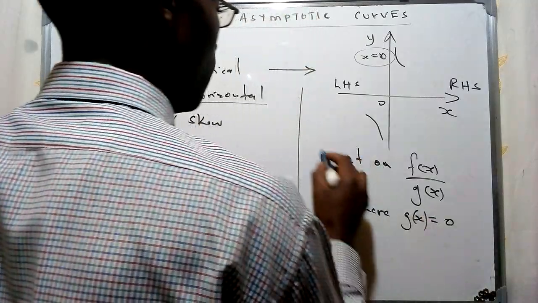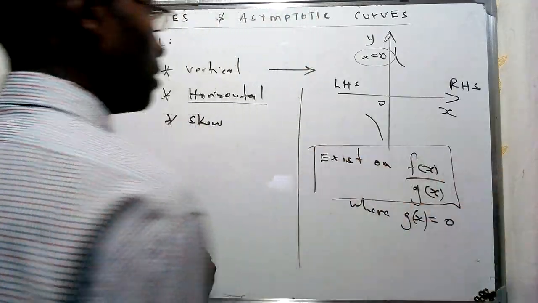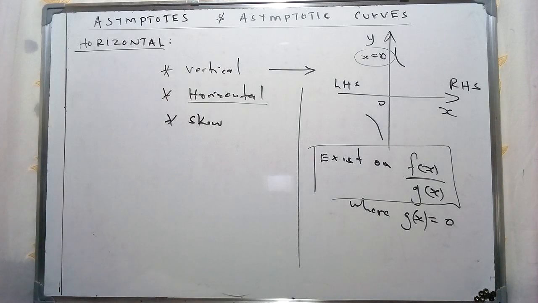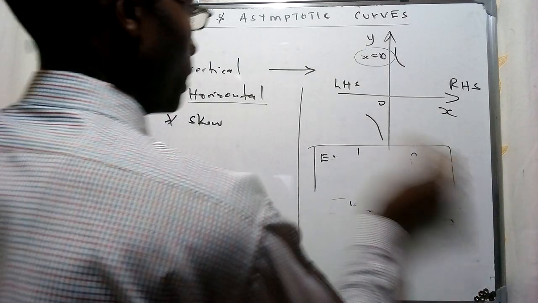So the vertical asymptotes are going to exist on these specific functions. For the second case, we're going to look at the horizontal asymptotes and try to see how they can be defined in this particular case.